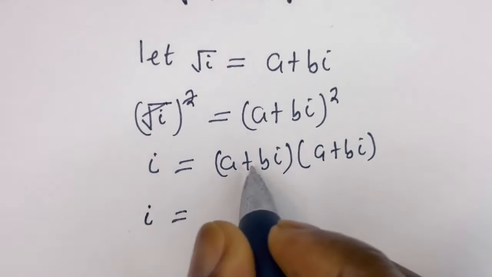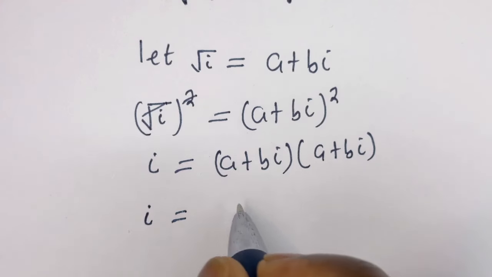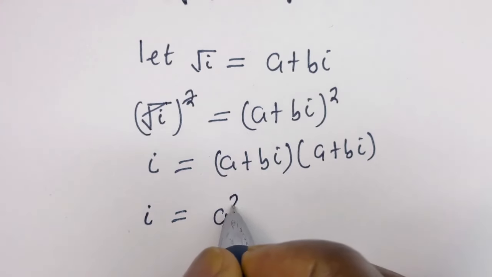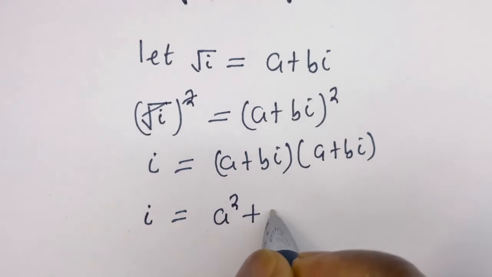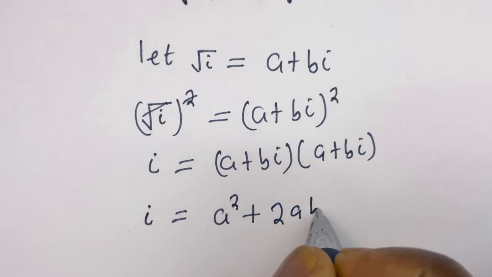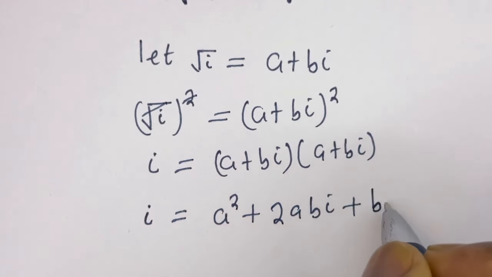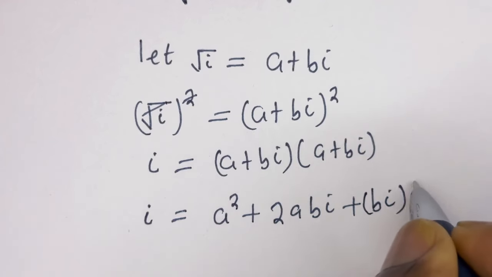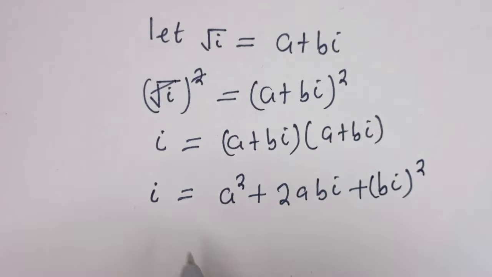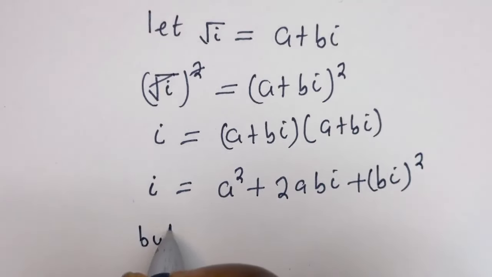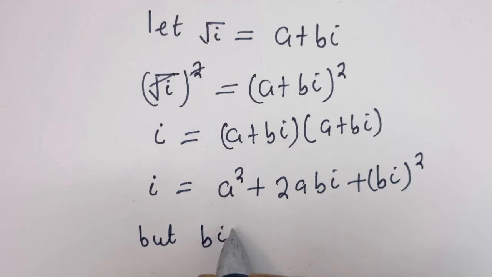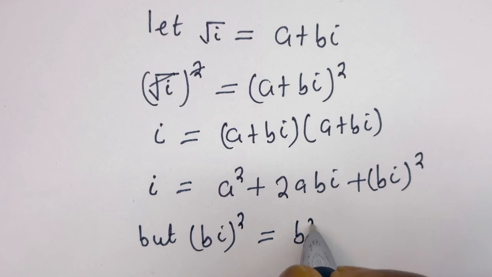i is equal to, if you multiply these two together, we have a squared plus 2abi plus bi all squared. Then bi all squared is equal to b squared i squared.